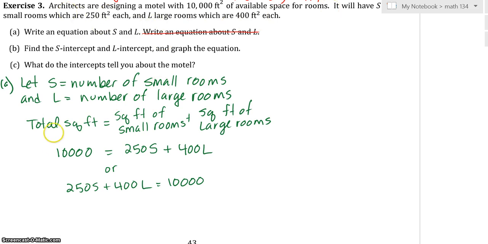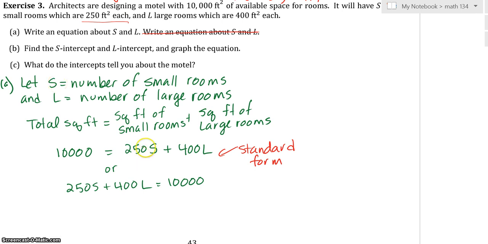So we know that the total number of square feet they give us is 10,000. So I'm going to use the standard form, because I know that the total is 10,000. This is the square feet of small rooms plus the square feet of large rooms. They tell us that the small rooms are 250 square feet each, and S is the number.